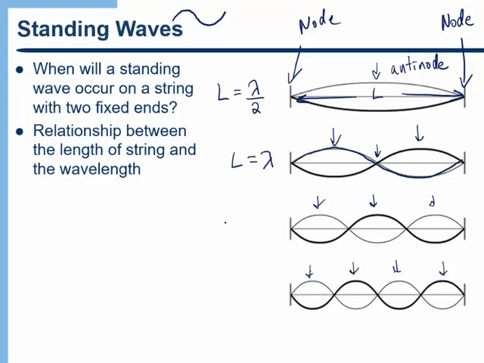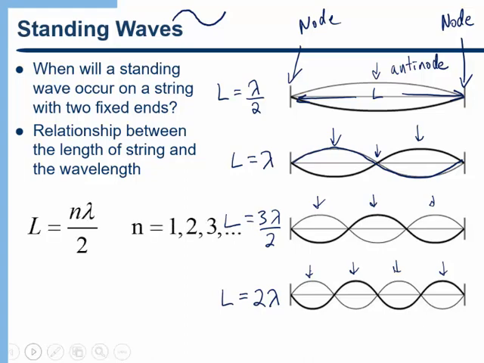For the next one, you'll notice that there are 3/2 of a wavelength on the string. And for the next one, there are 4/2 or 2 wavelengths on the string. Well, we can now come up with a formula that will calculate those for us.